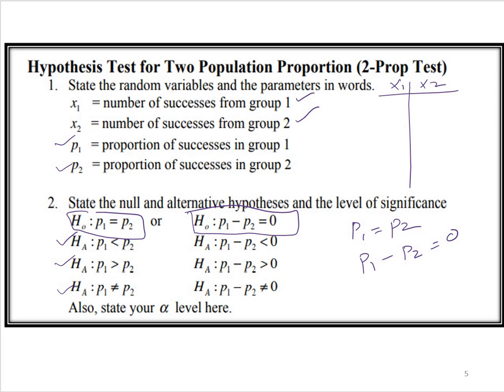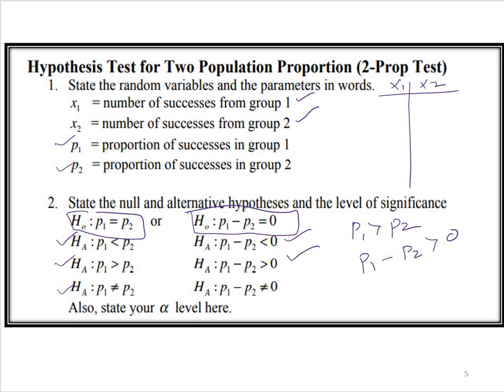Then if P1 less than P2, that is the alternative hypothesis, and P1 minus P2 will be less than 0. If we take P1 greater than P2, then P1 minus P2 should be greater than 0. That is the second one.